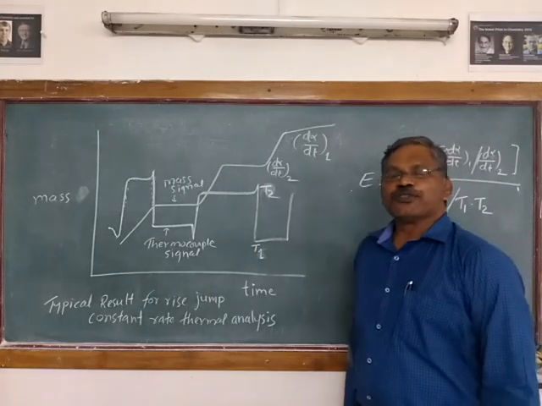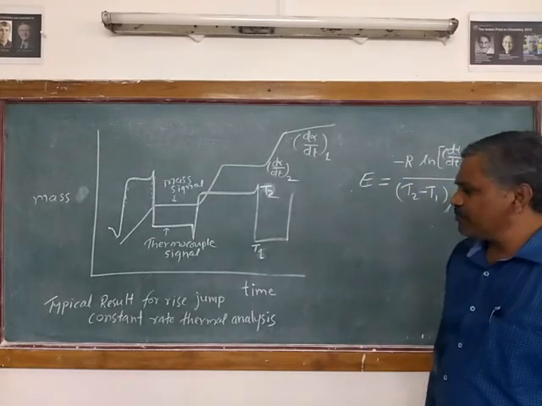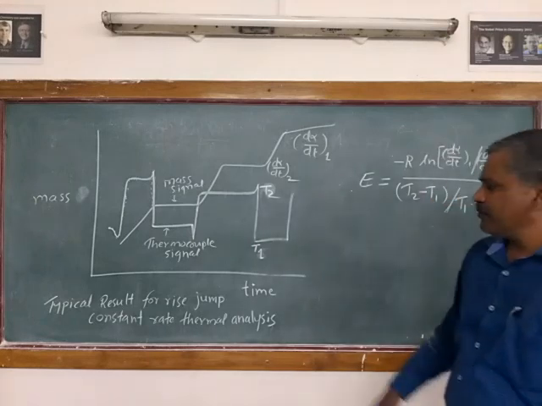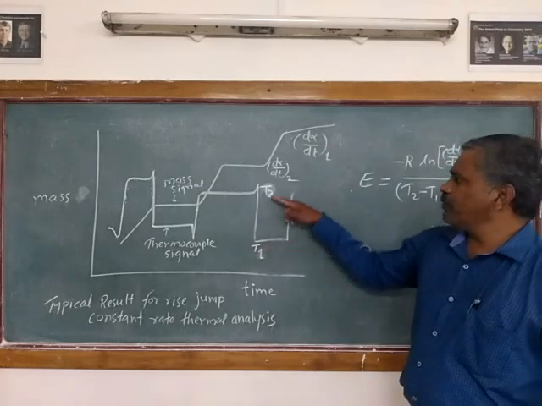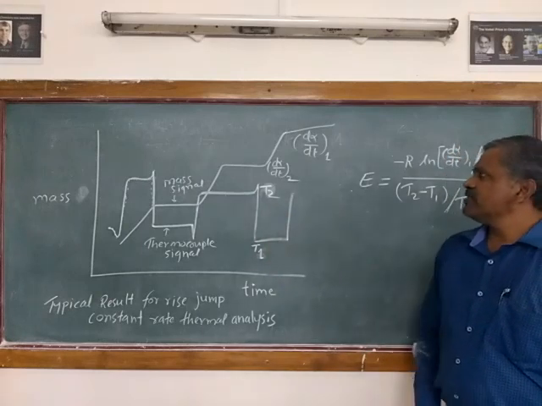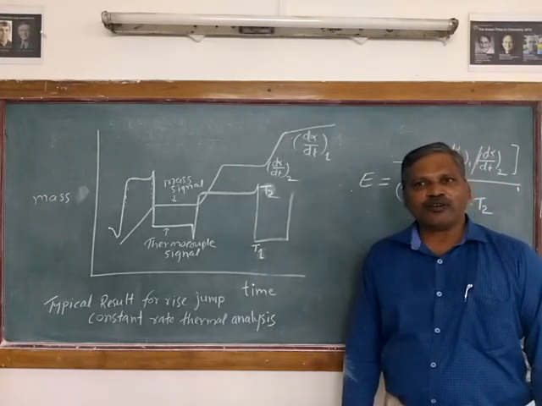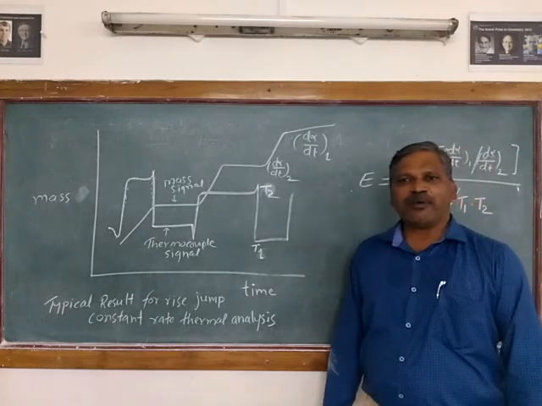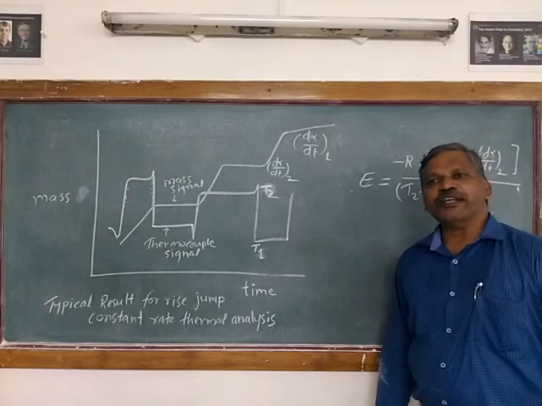This diagram shows a typical result for rate jump constant rate thermal analysis. When you suddenly change the temperature from T1 to T2, d alpha by dt 1 is the rate of mass loss at constant temperature T1, and d alpha by dt 2 is the new constant rate at the new temperature T2.